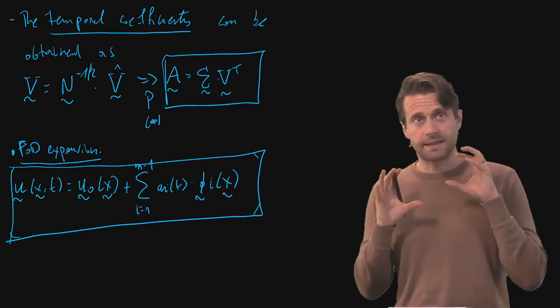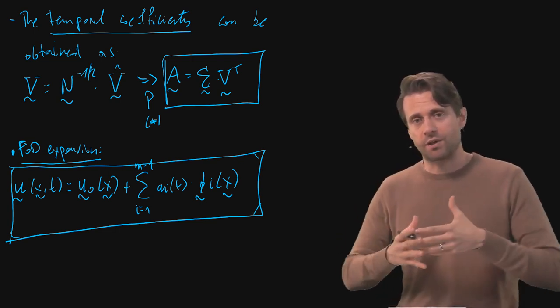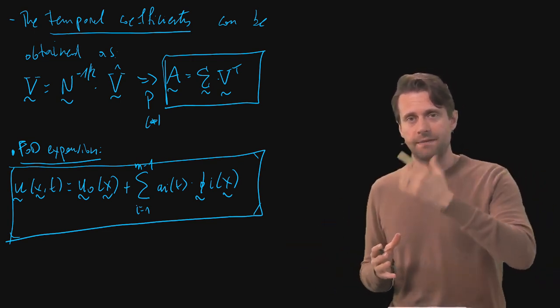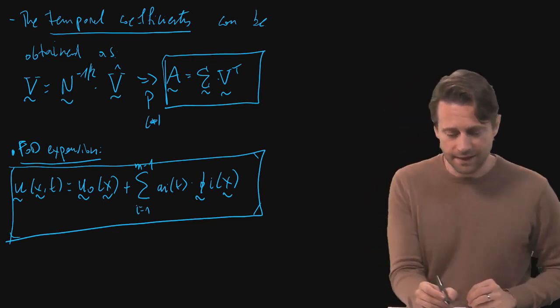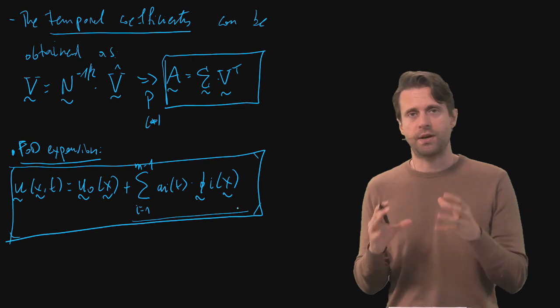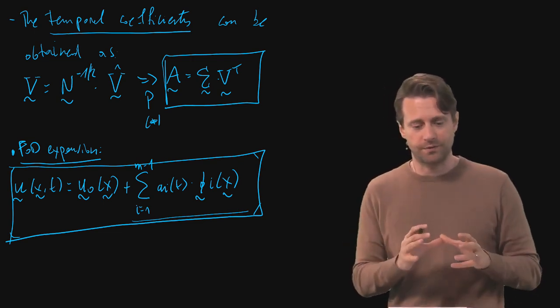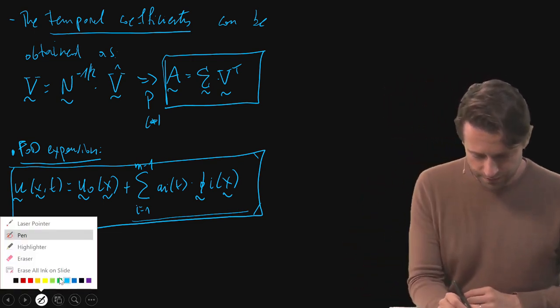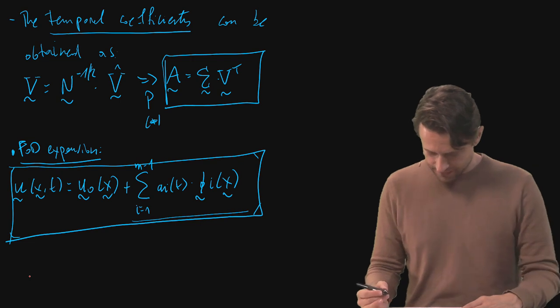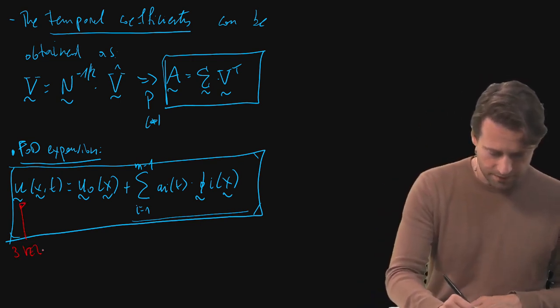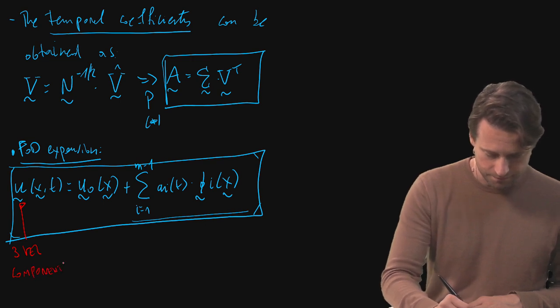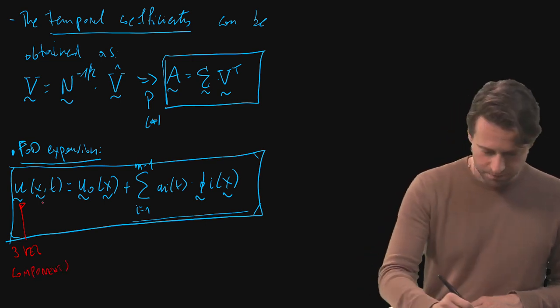Now, U is the velocity vector, which usually has 2 or 3 components, u, v, and w. We have the mean flow, which will be the zero mode, and the expansion here is the product of the spatial modes and the temporal coefficients. So if we want to go a bit more into details, this would be the 3 velocity components. This would be 3 spatial coordinates.